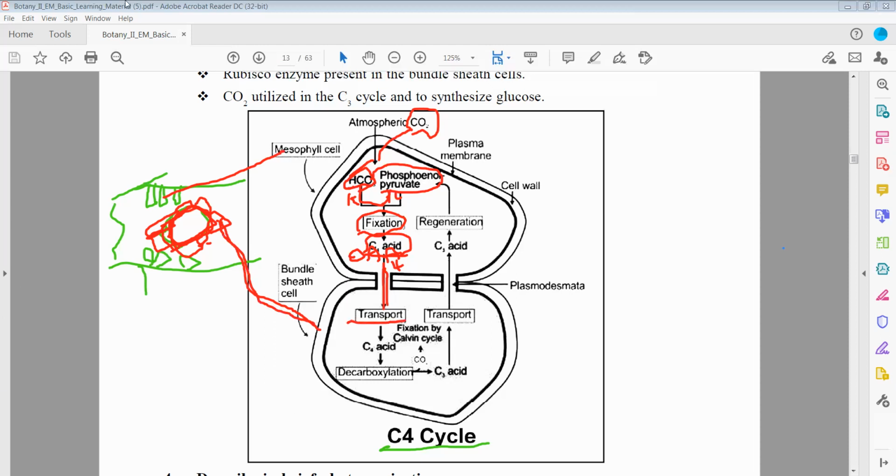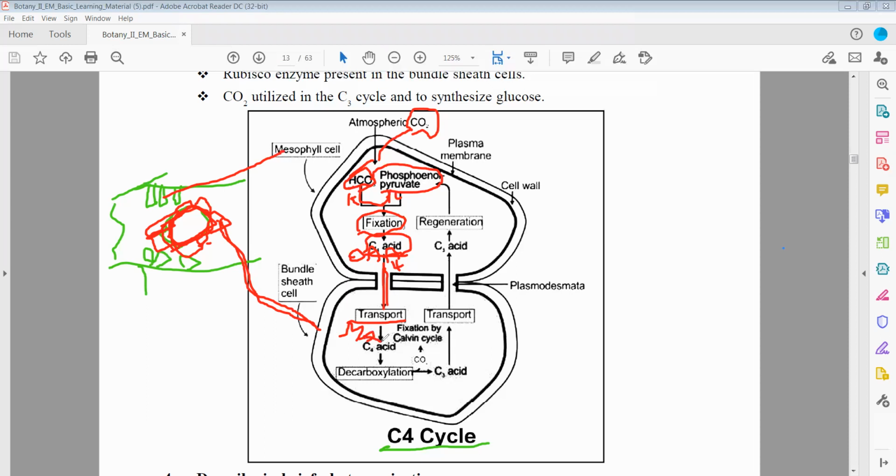Now here what happens? It is converted into another 4 carbon compound, malic acid.